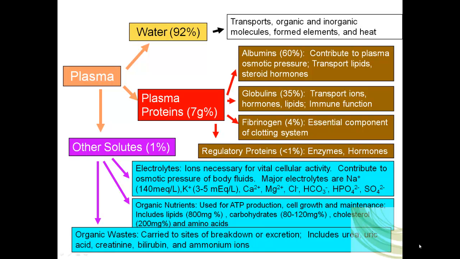Globulins like gamma globulin, alpha globulin, those are the other types of plasma proteins we find, followed by clotting proteins like fibrinogen, and you will learn more about fibrinogen in our thrombocyte lecture. And then all the other regulatory proteins like hormones, and there are even enzymes found in plasma.